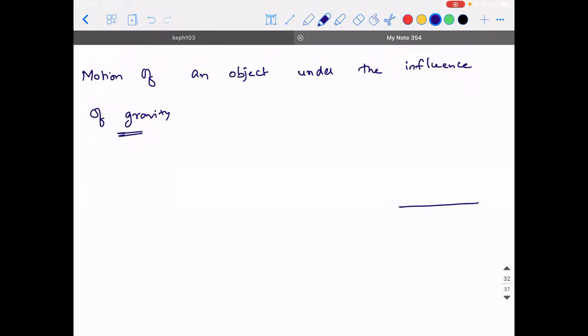Suppose you have a scenario where there is an object at point A on the ground. If the object is given an initial velocity u in the upward direction, can someone describe its motion?